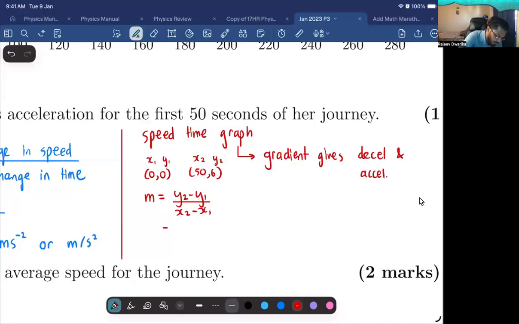What is y2? 6. What's y1? 0. X2 is 50, x1 is 0. You're going to end up with the same 6 over 50, which is equal to 0.12 m s^-2. You can write meters per second squared.